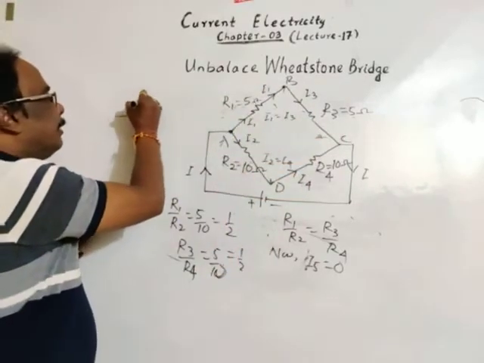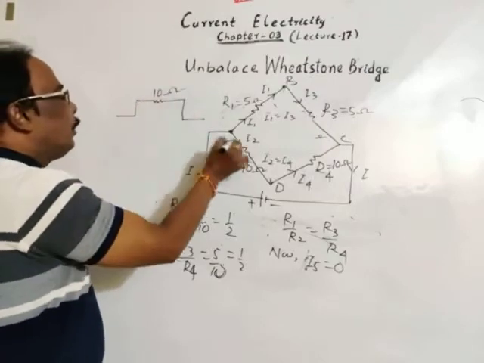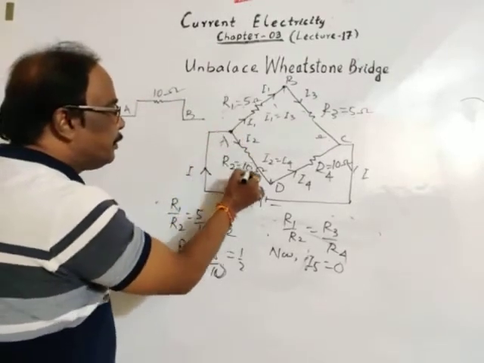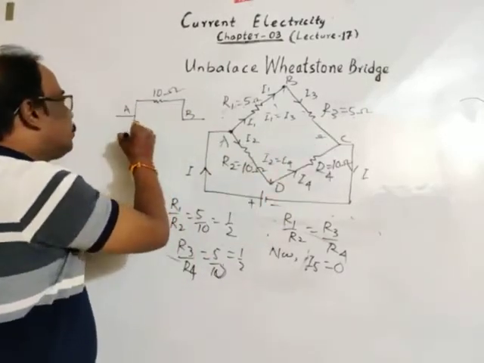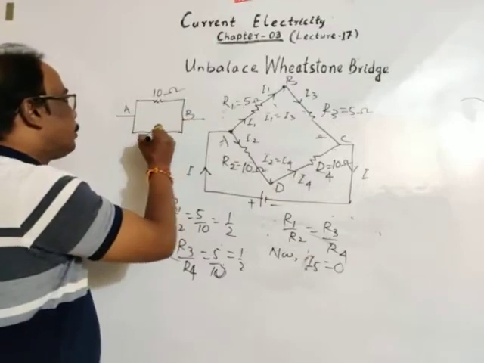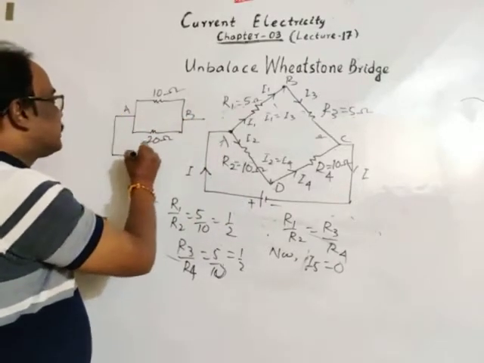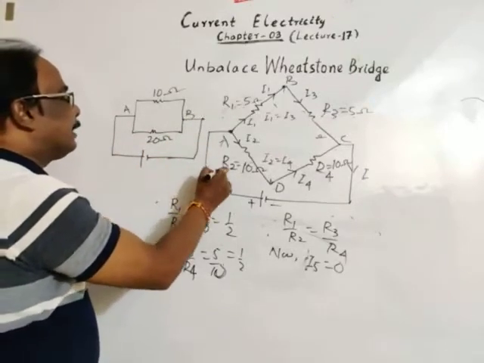We may take 5 ohm plus 5 ohm, 10 ohm. This point is A, this point is B. And along this branch, 10 ohm and 10 ohm in series, then total resistance is 20. A and B are connected to terminals of a cell.